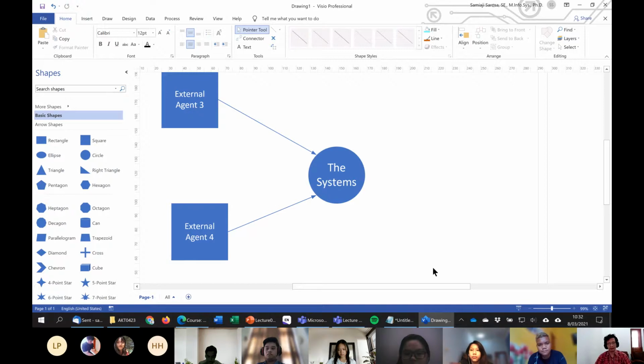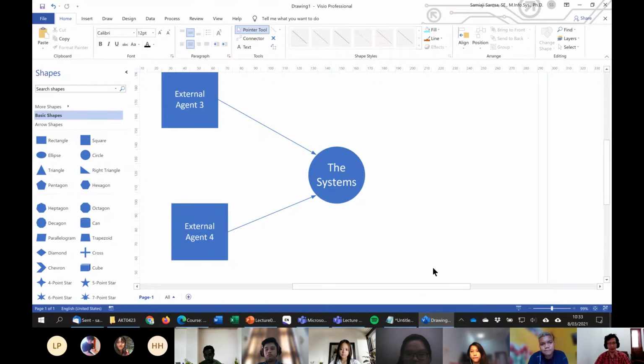Like I said, any system should have at least one input and one output. What you see here is only two inputs without any outputs. Just focus on this picture.